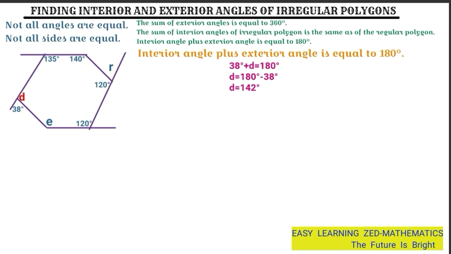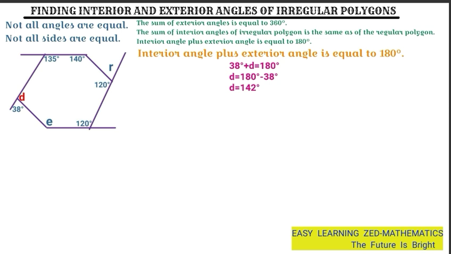The next thing we're going to do is find the angle E. Now, since we have found the angle D, it's possible for us to find the angle E. Which property are we going to use to find angle E? Before I mention it, I want you viewers to mention it.